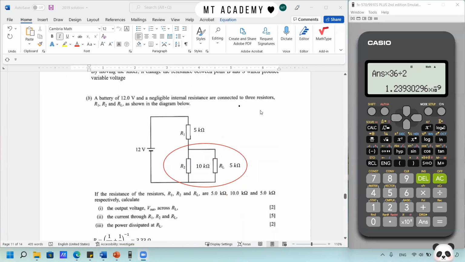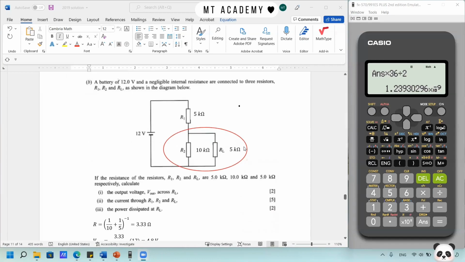A battery of 12 volts and negligible internal resistance is connected to three resistors R1, R2, and RL as shown in the diagram below. This question is quite simple, so I think not much problem here. The resistances of R1, R2, and RL are 5 ohm, 10 kilo ohm, and 5 kilo ohm respectively. We are going to calculate the output voltage across RL.